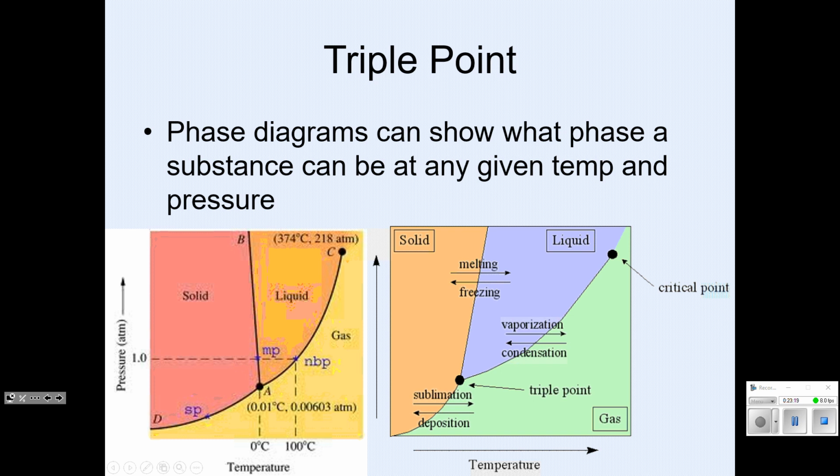Because if you squeeze things closer together, supply a higher pressure, which means you go up higher on the y-axis, if you put molecules closer together, they're more likely to attract to one another to be a solid or a liquid. Lower pressure means the molecules have a lot of space. Notice how gases are present even at really low temperatures on this graph.